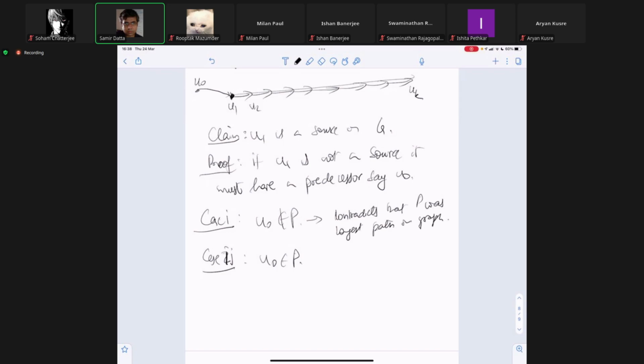Correct? Because you can extend P by adding this U0 U1 edge. U0, U1 to UK is a longer path. And if U0 belongs to P, in case 2, then what is the contradiction? Tell me.